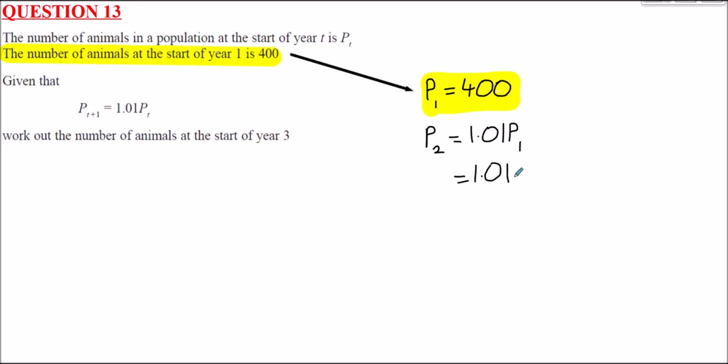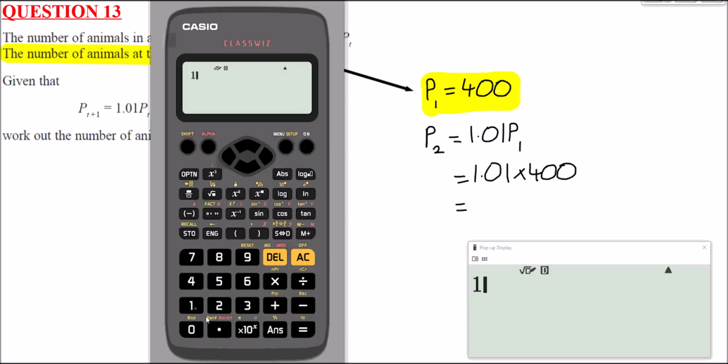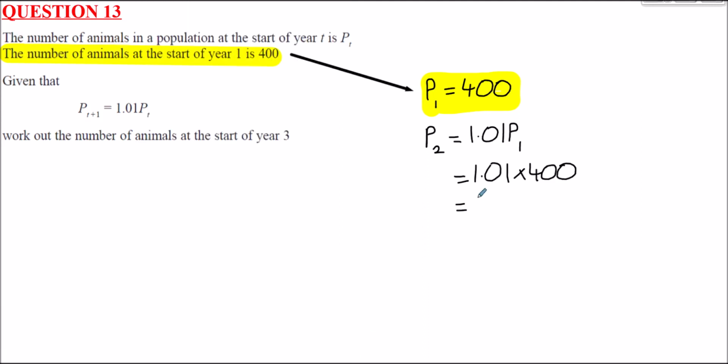So this is 1.01 multiplied by 400, which we can work out really straightforwardly. So 1.01 multiplied by 400, that gives us 404. So we've got 404 animals. So we've got P2.